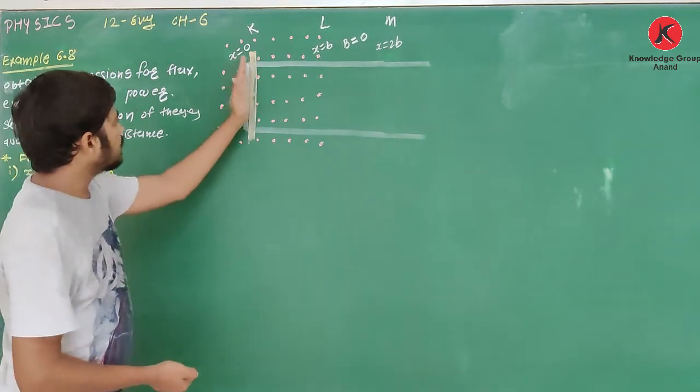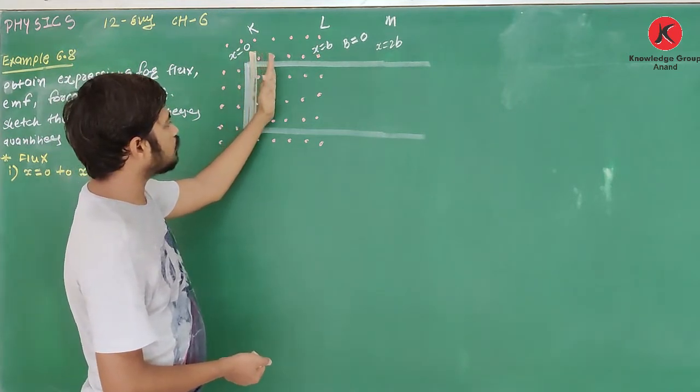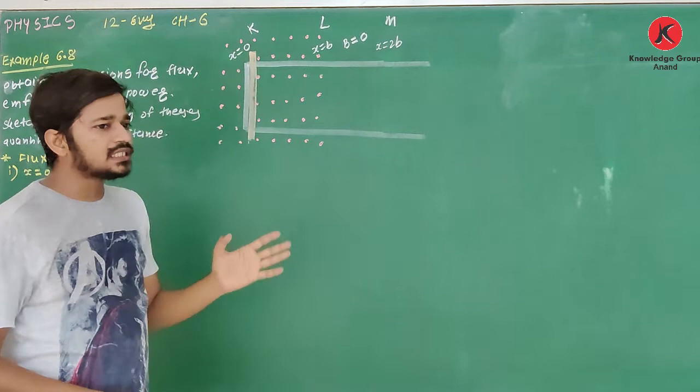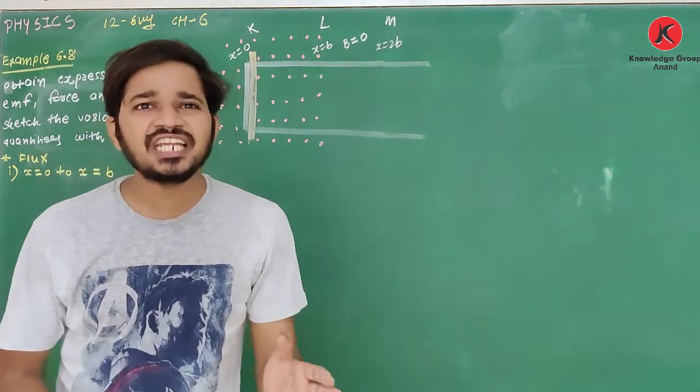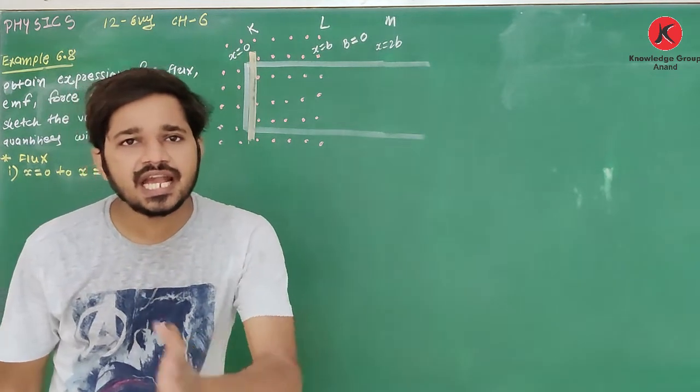See, when this wire is moving from x is equal to 0 to x is equal to b, there is continuous change in area.